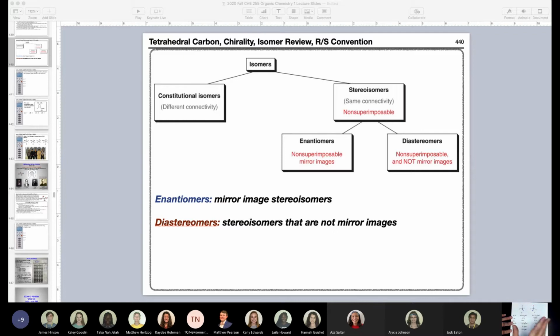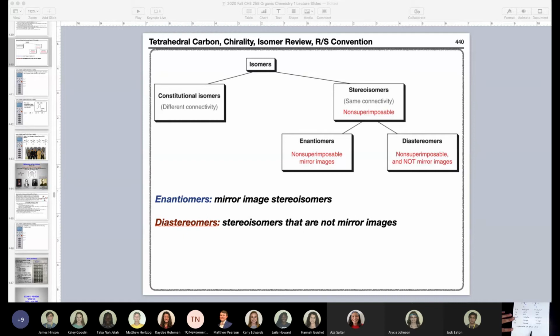The value that they do that in is called the specific rotation. So polarimetry tells us the optical activity, and that's the rotation of plane polarized light.